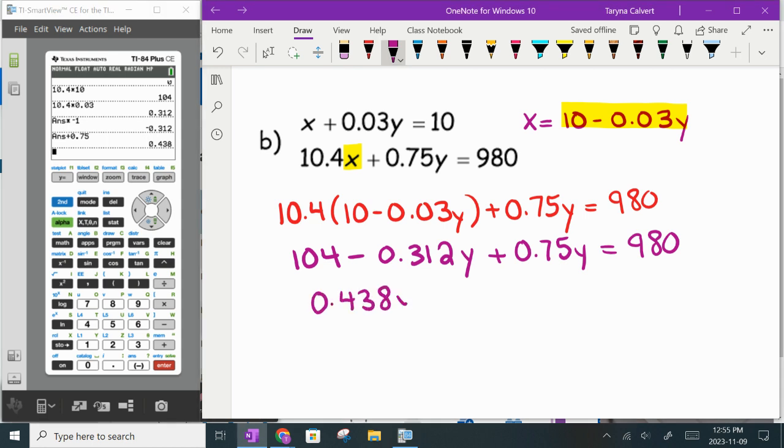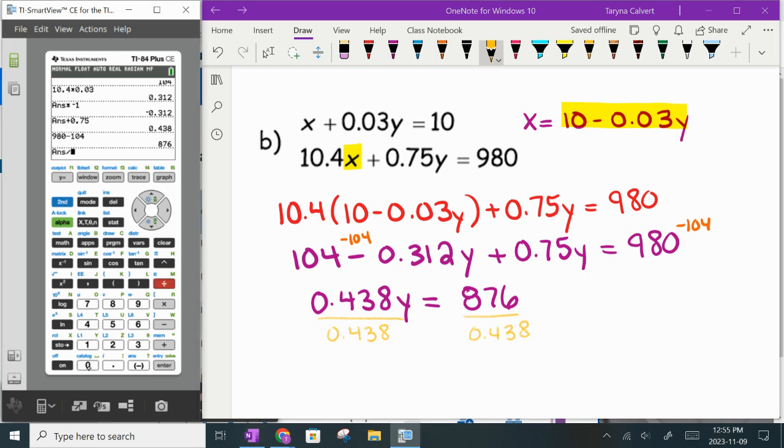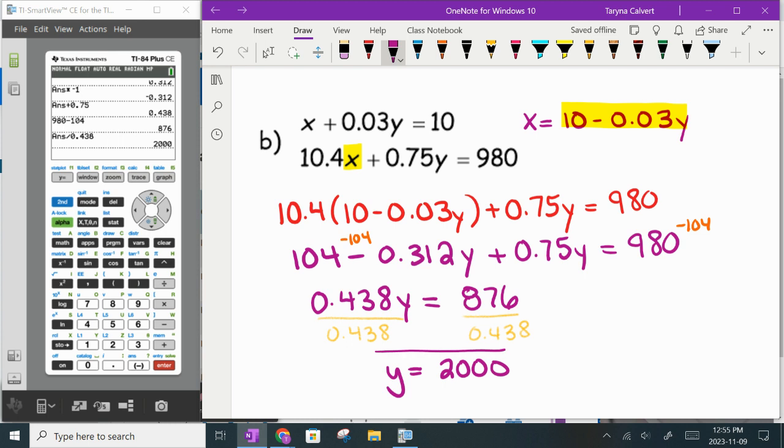Just put negative 0.5. Use that to take these off. Check.